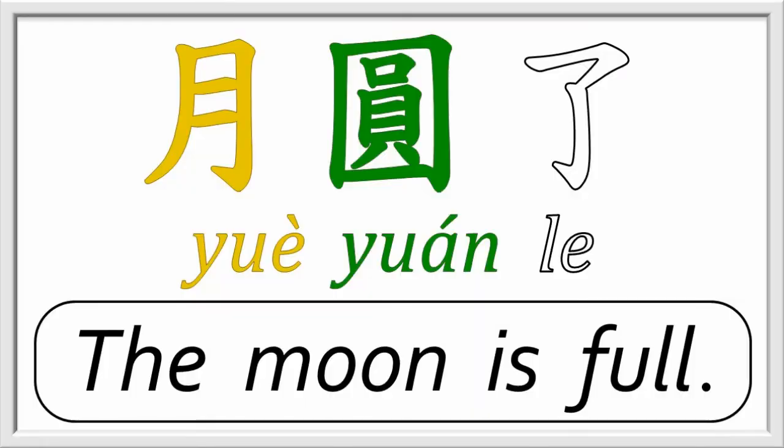It's also pronounced second tone yuan and is a phono-semantic compound, actually just a spin-off of the former. Some examples: 月圆了. The moon is full tonight. This is another instance of the le particle indicating a change in the situation, a sudden realization that the moon looks different, so I added tonight in English.